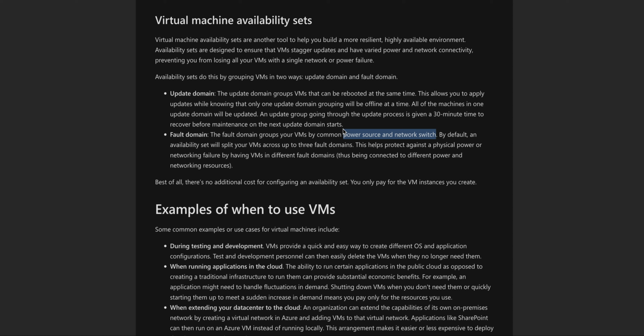By default, an availability set will split your VMs across up to, and notice this, it says across and up to, so it's a maximum of 3 fault domains.